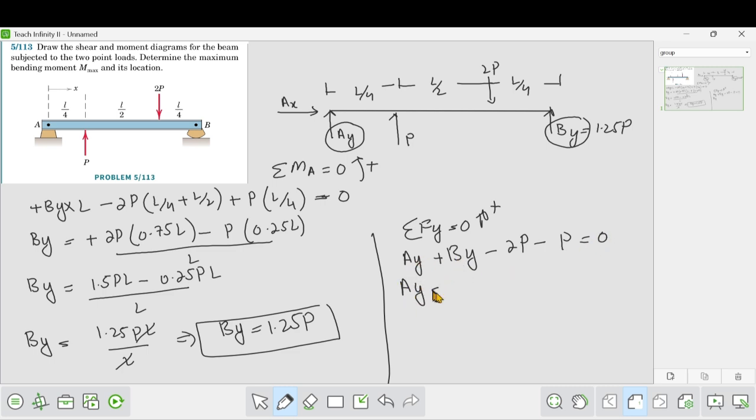So Ay is equal to P, negative By, so negative 1.25 P, and positive 2P. So Ay is equal to negative 0.25 P.